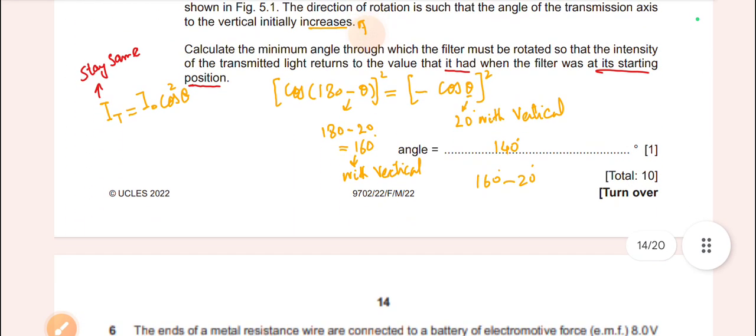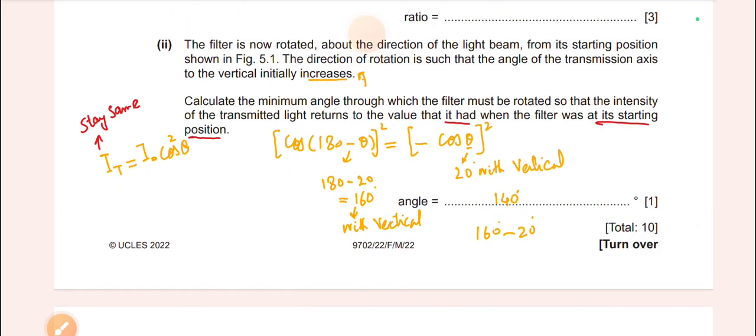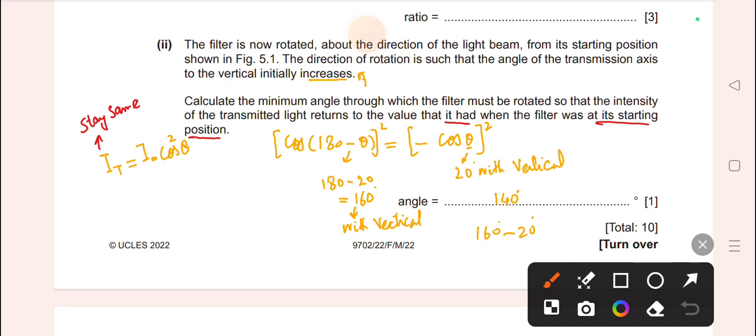And it says calculate the minimum angle through which the filter must be rotated so that the intensity of the transmitted light returns to the value that it had at the starting position. That is the most important part here. It returns to the value that it had, meaning the same value as its starting position. The starting position was the one given in the diagram. So the formula is this: I naught is fixed and we need I to be the same as well.